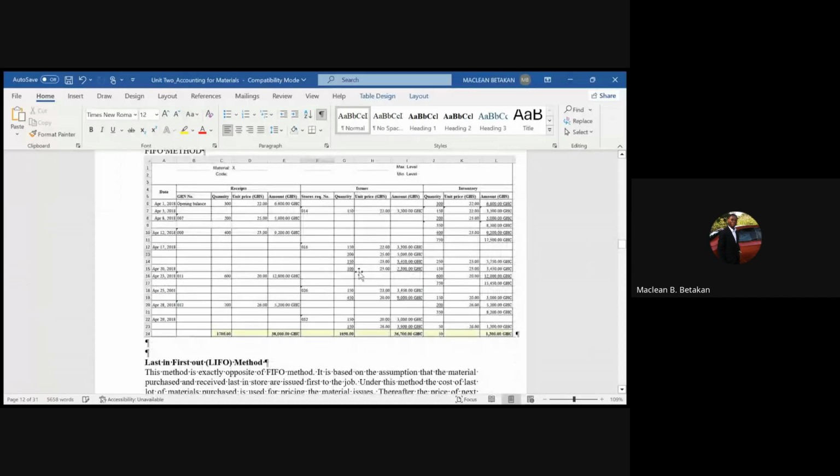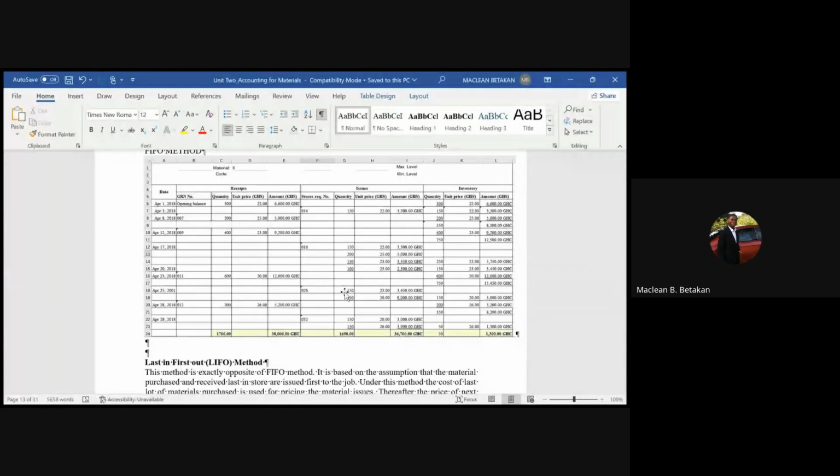So the 150 that was there, we did not issue it out. It's the first one that will go. So we come and issue the 150 out. And then 150 is going out of the 600 we are issuing. So how much is left? 450 after issue. Okay, so 450 is left.